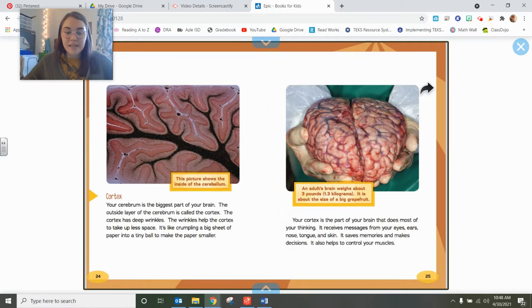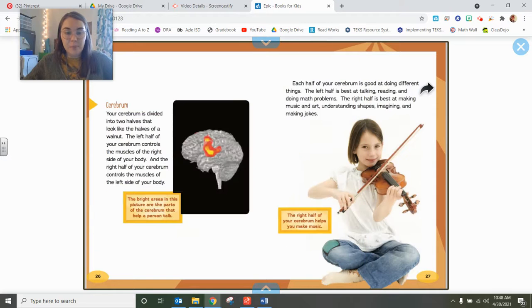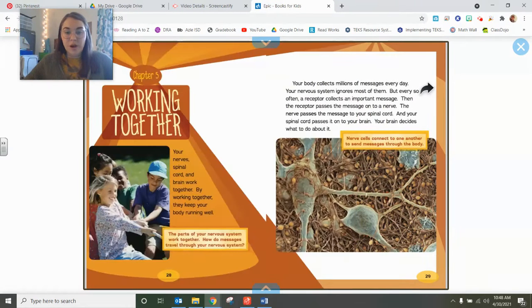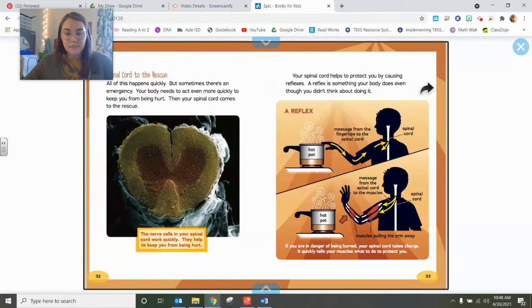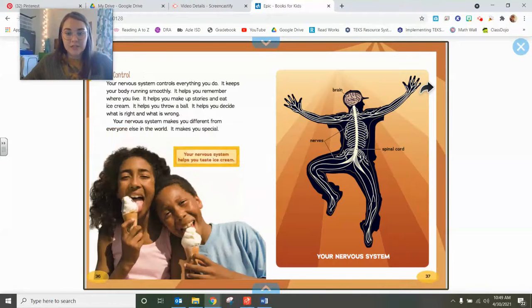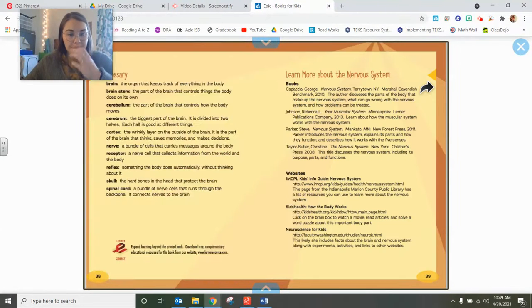I have not seen types of print yet, which is like bolded words, italicized words. That would draw attention and be very important in the text, and I haven't seen that just yet. But I'm seeing lots of diagrams, subheadings, headings, captions. There's another diagram.